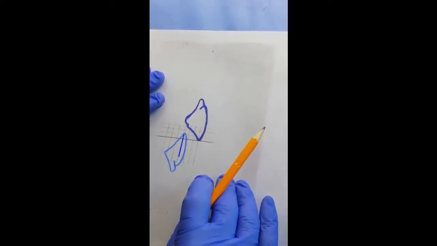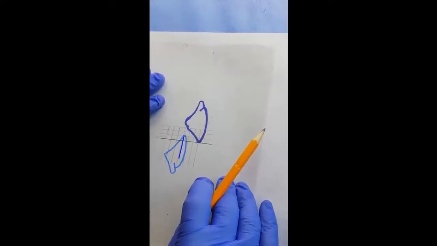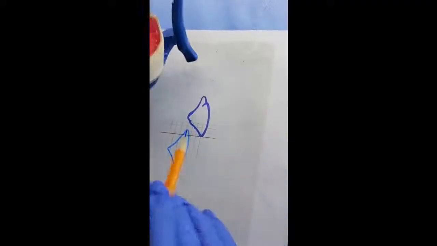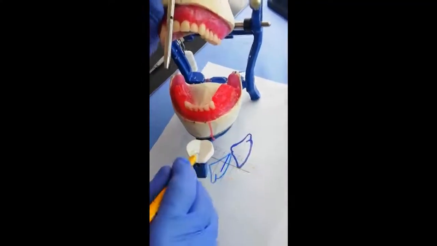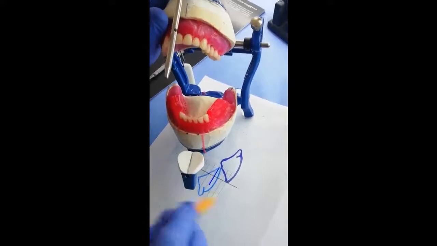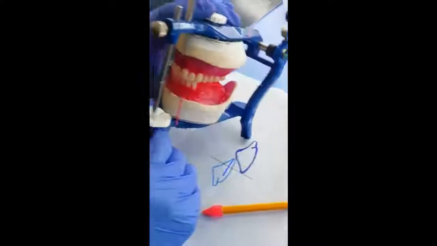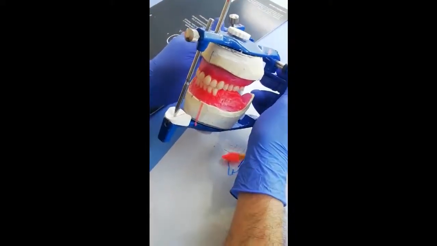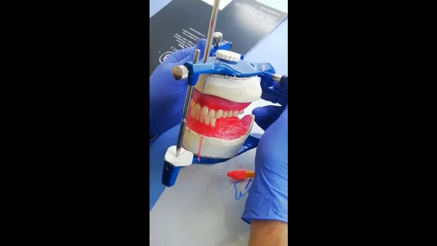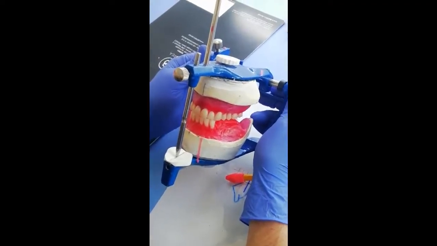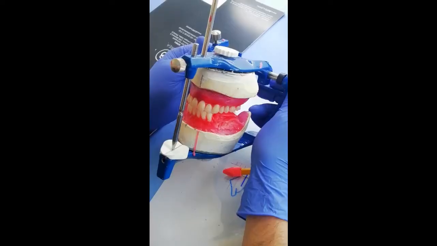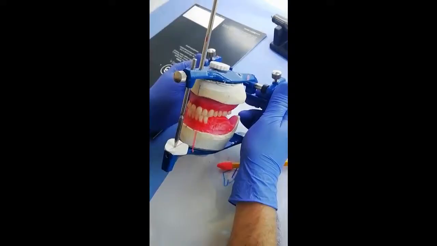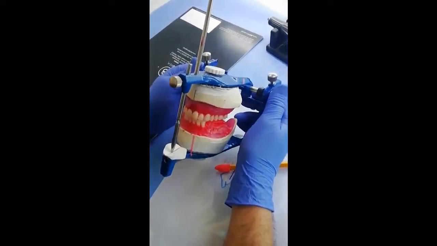We can control the incisor guidance angle so it will match the inclination of the incisor guidance table, which is about 15 degrees, so we can achieve balanced articulation for the anterior teeth, where we can achieve edge-to-edge contact and tip-to-tip canine without the separation of the pin.